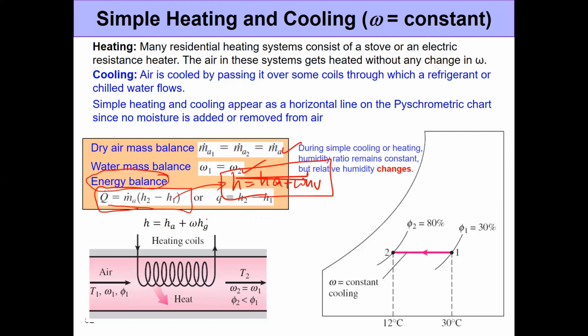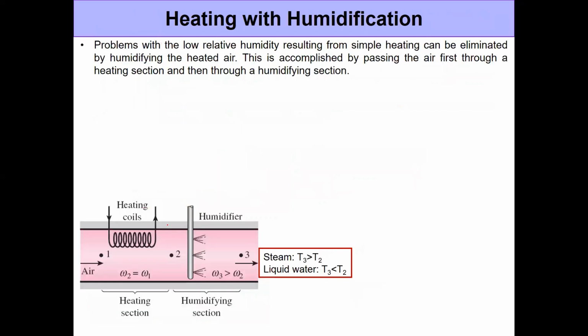Now that we have discussed simple heating and cooling processes, let's deal with heating with humidification. Why do we need heating with humidification? Well, as I mentioned before, in winter the temperature is low and the air also contains less moisture. So it's basically cold and dry, okay?